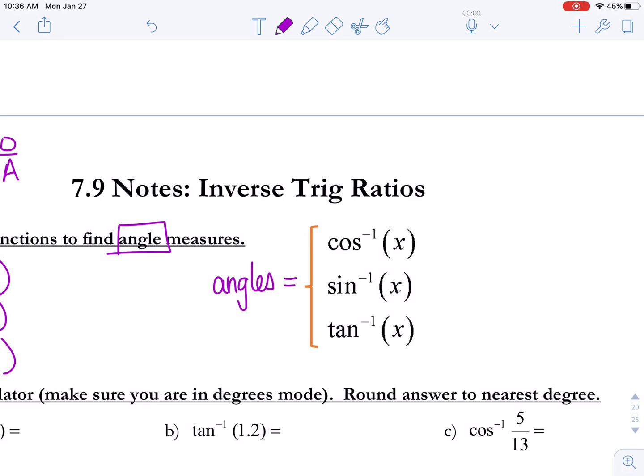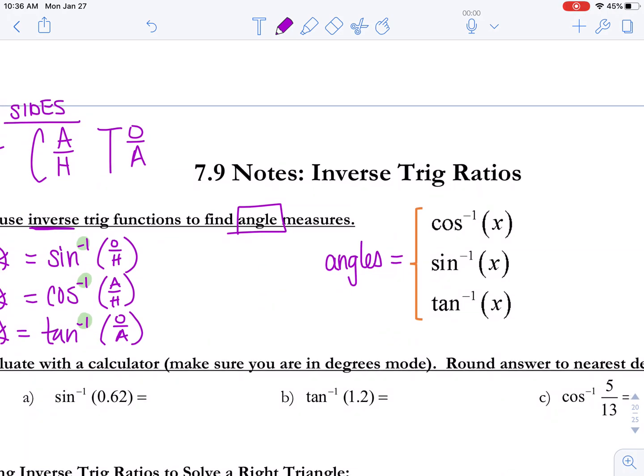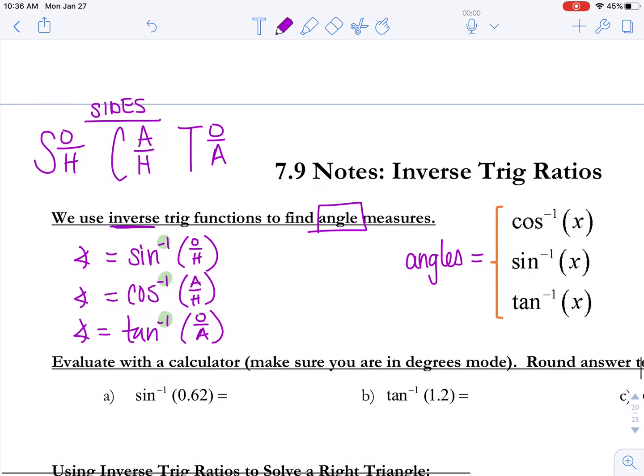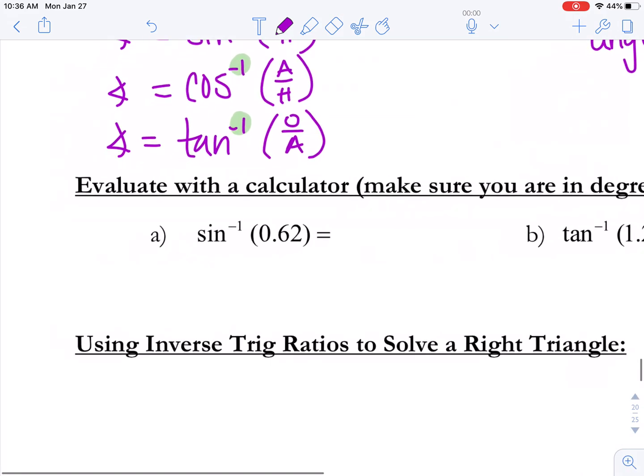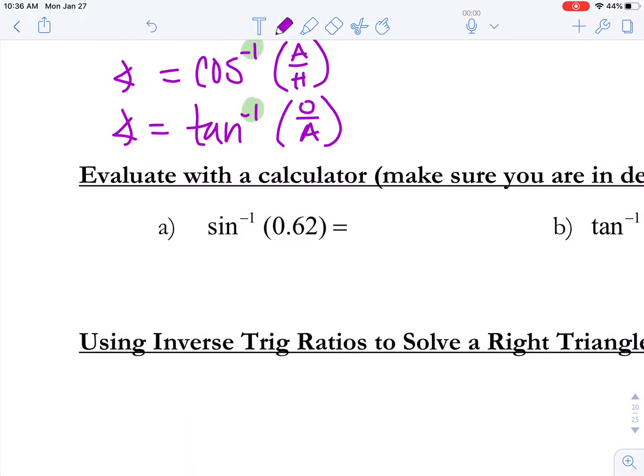So you can use any one of these formulas, and the way you get it on your calculator is by using the inverse sine, inverse cosine, or inverse tangent buttons. For most calculators, in the upper left-hand corner, you have a second button.